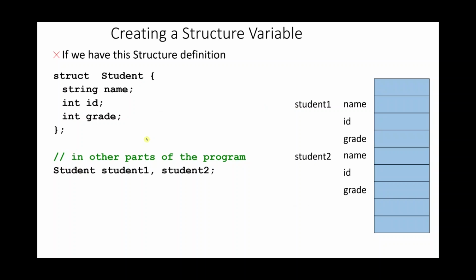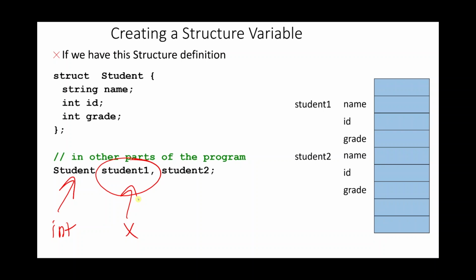So how is that structure represented in the stack? When you create a variable of the new data type, like student student1, exactly like int x, right? Exactly like creating an integer variable.